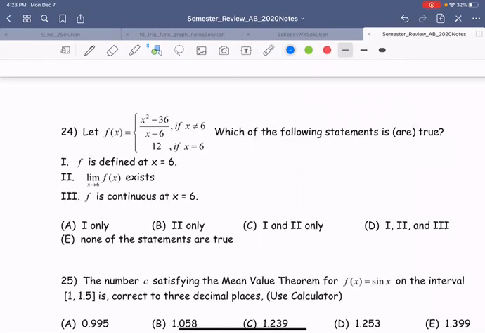You can try number 22. Which one do you choose? Well, you can cancel it out, and you have x plus 6.